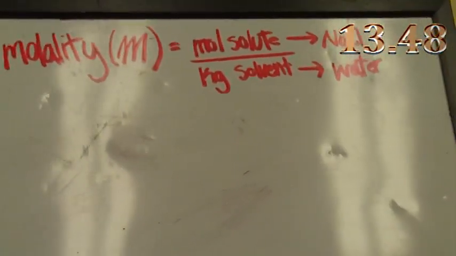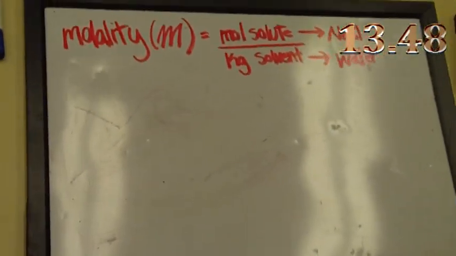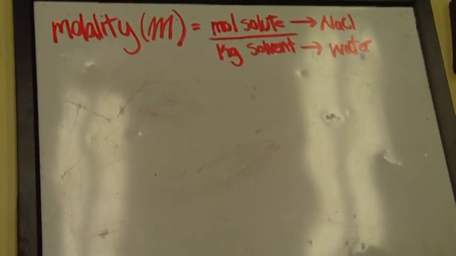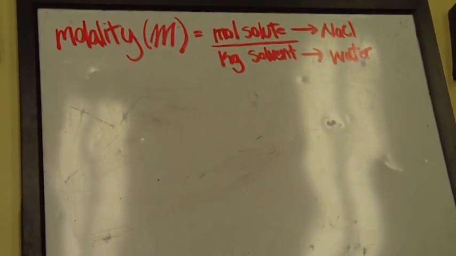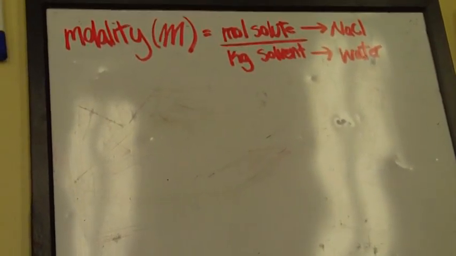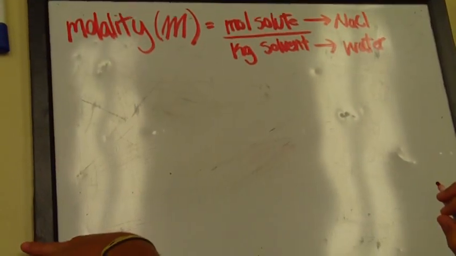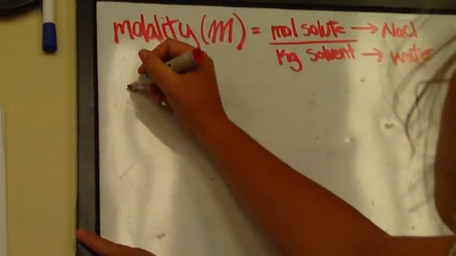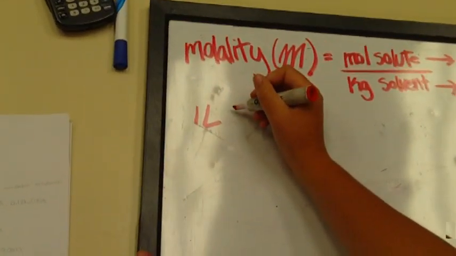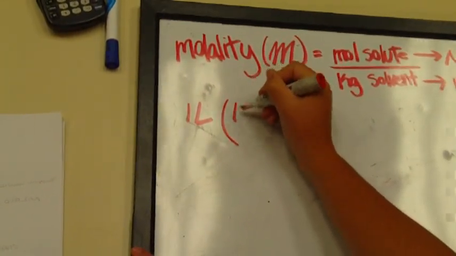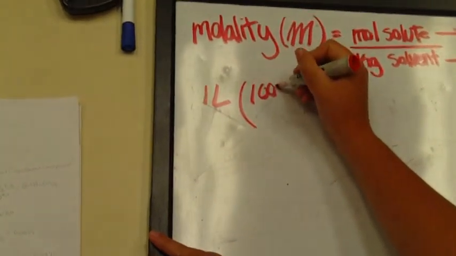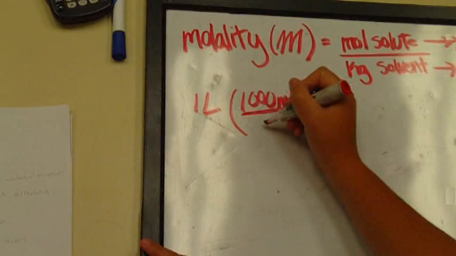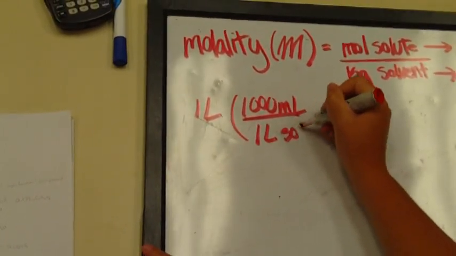So we want to find out the mass of our solution and our NaCl. To figure out the grams of our solution, we're just going to do some dimensional analysis here. 1 liter is 1,000 milliliters over 1 liter of solution.